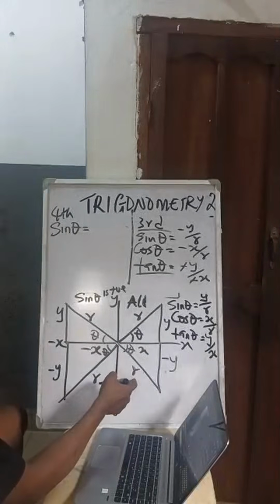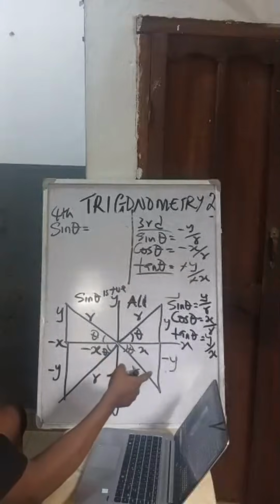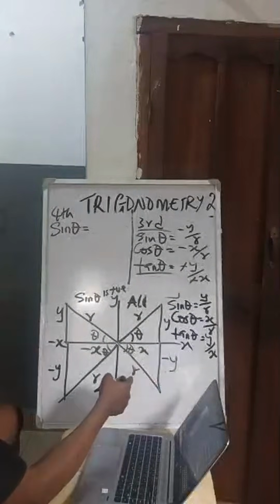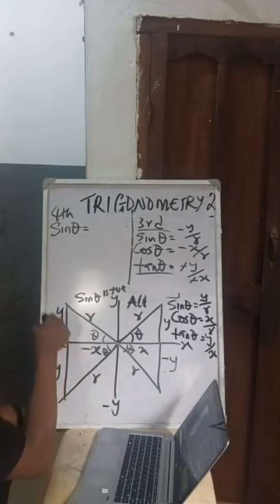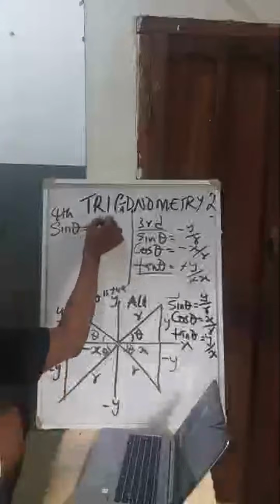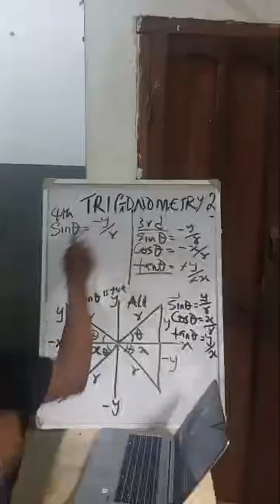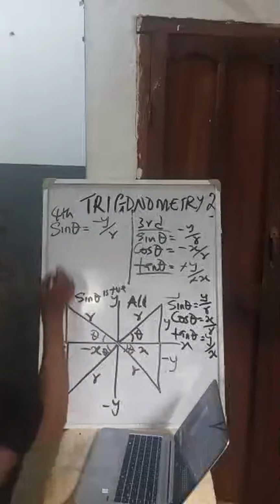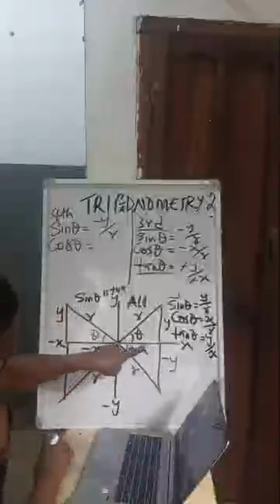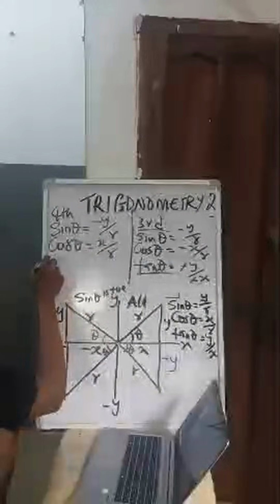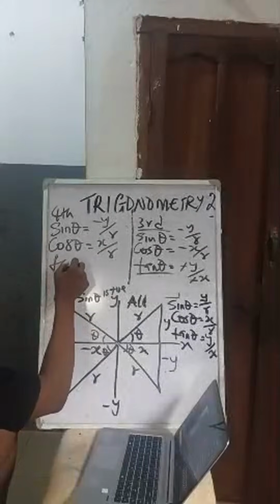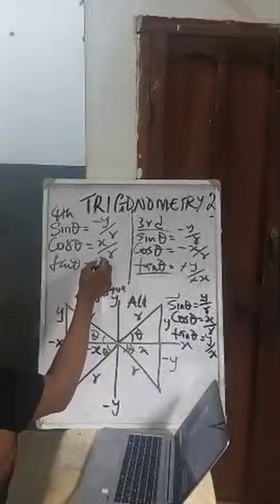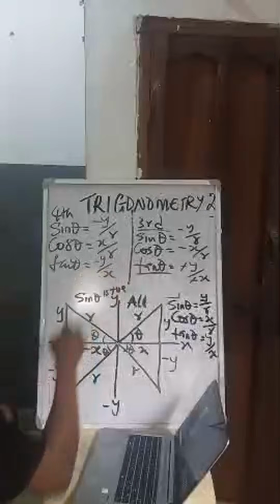So minus y all over r. So sine is also negative in the fourth quadrant. Cos theta is equal to x over r, positive, then tan theta is minus y over x, negative.